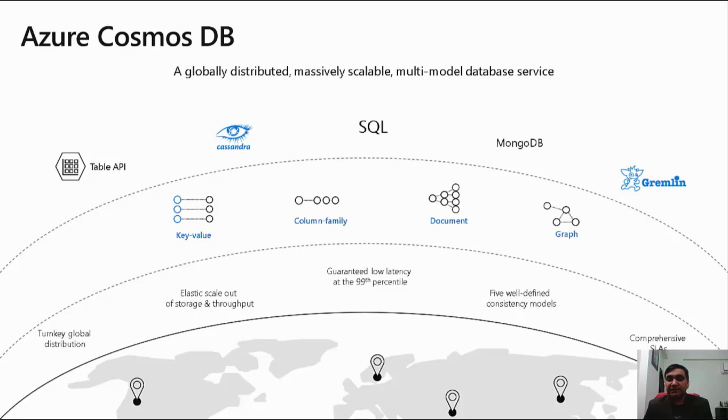This service is actually providing various APIs. If you look at the first layer, it talks about the API. So we have Table API, Cassandra API, Mongo API, Gremlin API, and SQL API. If you are coming from OSS background and you would like to go for Mongo, Cassandra, or Gremlin, you can go for it.